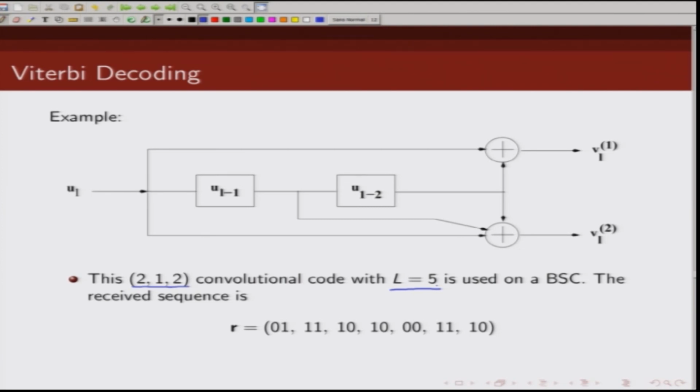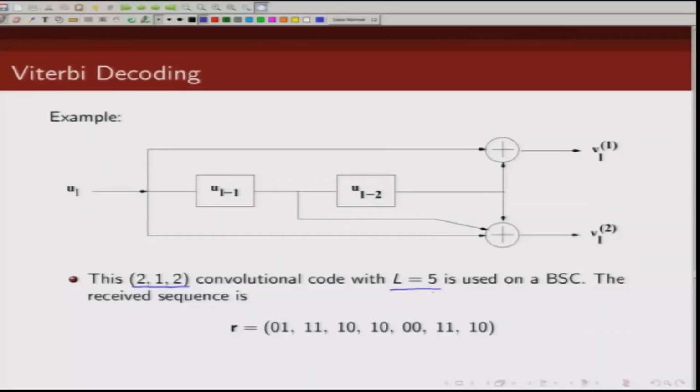Now, since its memory is 2, we require 2 bits to bring it back to the all 0 state. So, in total we are transmitting 5 information bits plus 2 tail bits. So, 7 bits, and since it is a rate 1/2 code, 7 bits will result in 14 coded bits. This is the received sequence corresponding to those 14 bits that we transmitted.